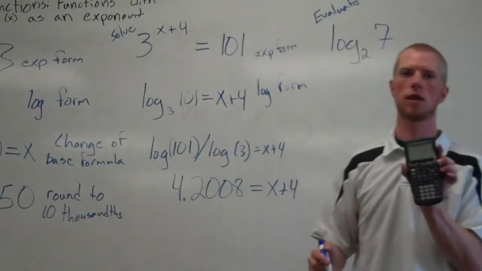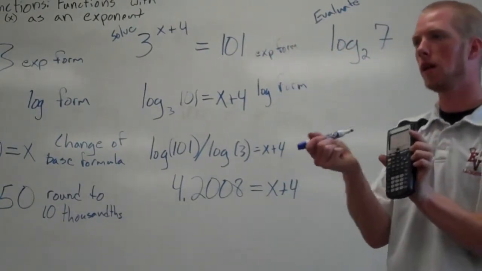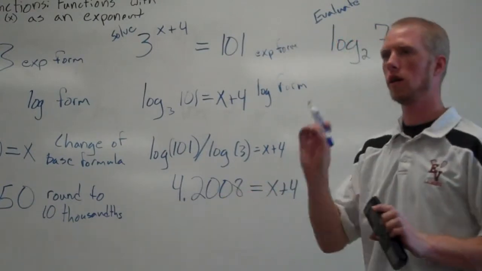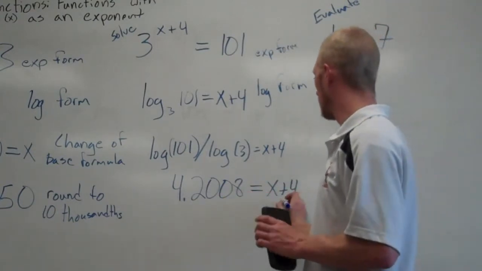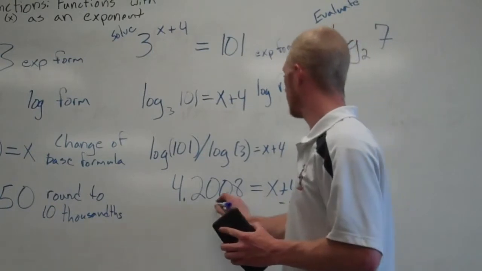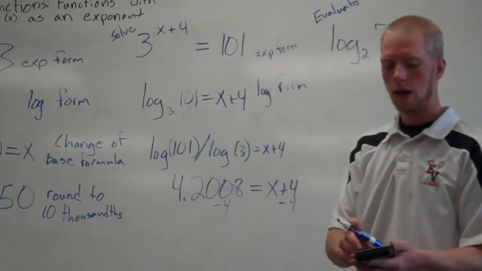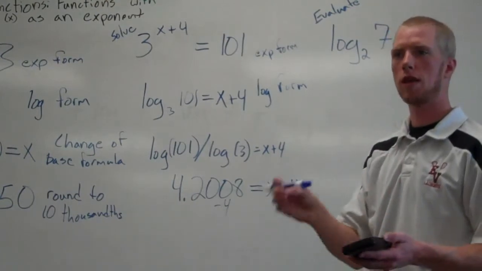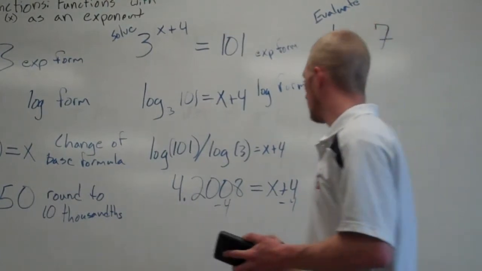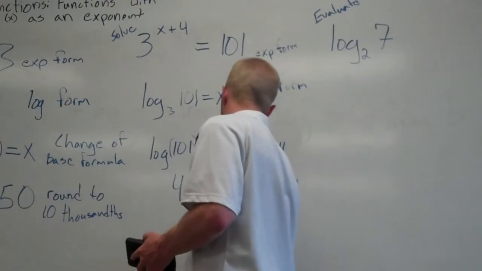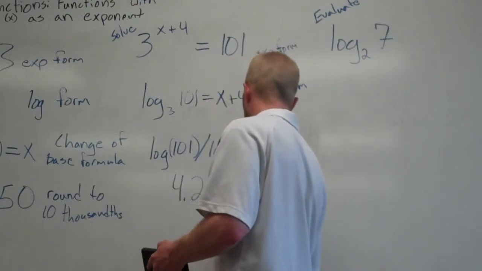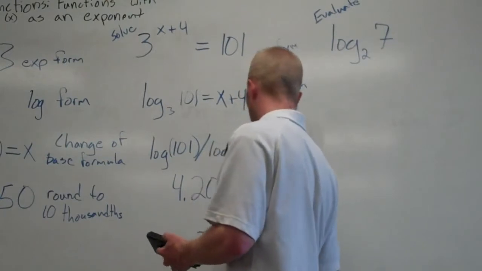And the great thing about these calculators is you do not have to hit clear here. Don't clear it out and put this in your calculator. Keep your answer more accurate by just doing -4 on your paper and hitting -4 on your calculator. It'll automatically subtract it from the answer. You end up with 2.2008 equals x.